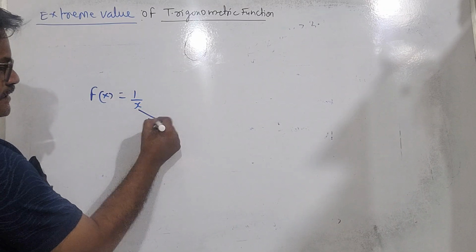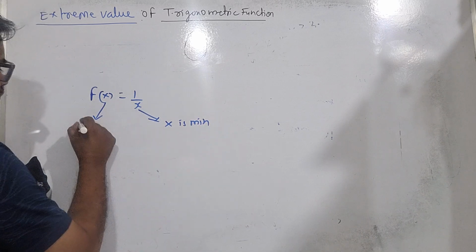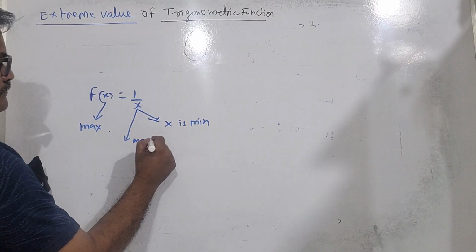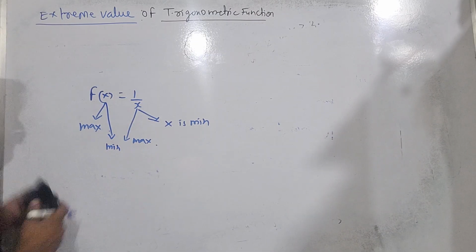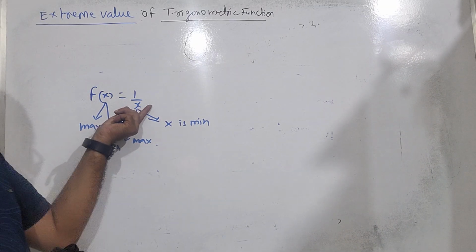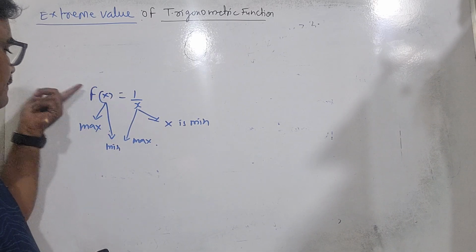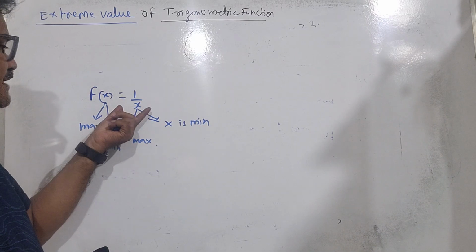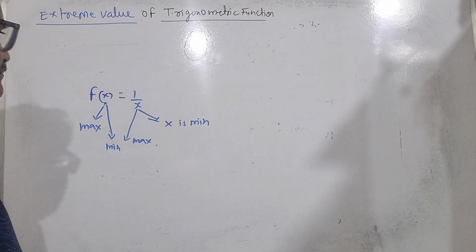So when x is minimum, at that time f(x) will be maximum, and when x is maximum, at that time f(x) is minimum. So to find out the maximum value, we have to find out the minimum value of the expression which is there in the denominator, like that.